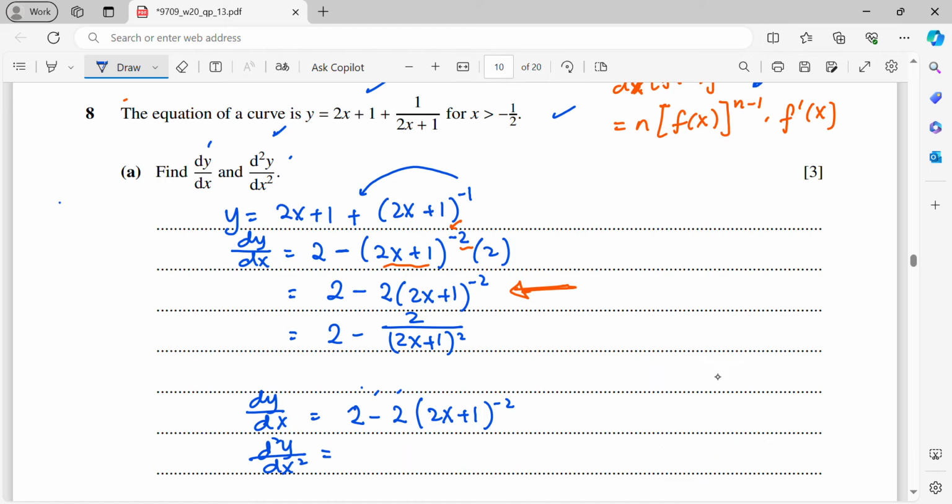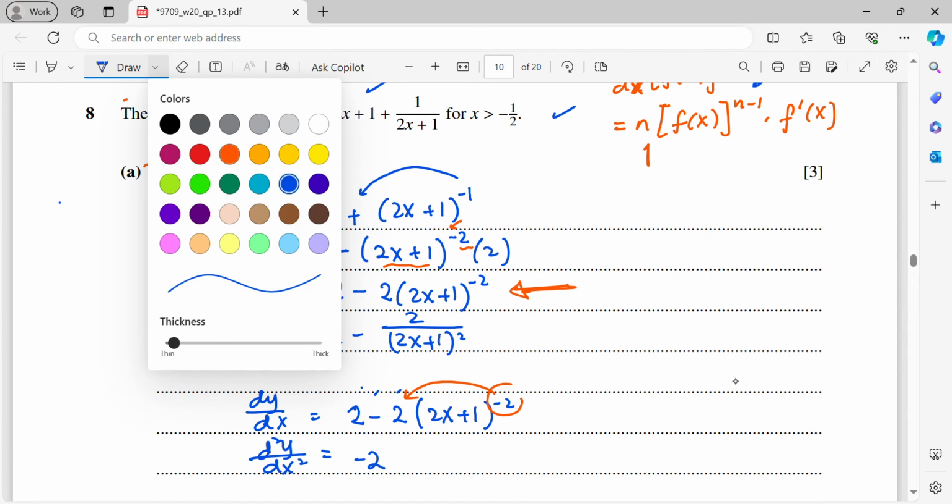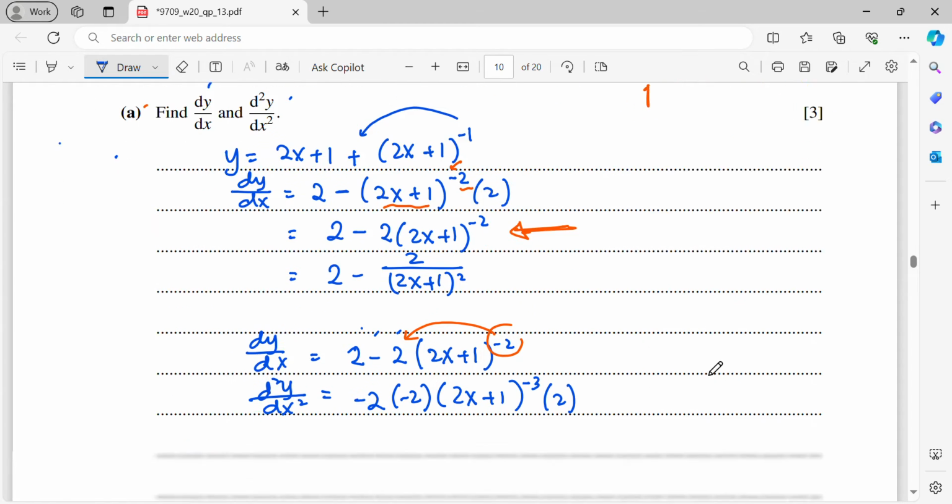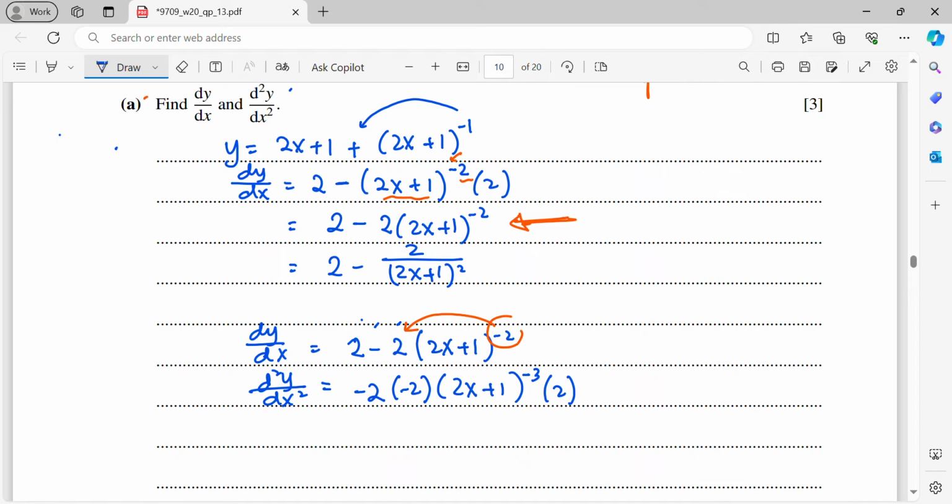Then rewrite this minus 2, and this power negative 2, this power will be moved down. Move down the n. Right, so now when I move down, I will get minus 2, rewrite the whole function, and now your degree, instead of minus 2, you minus another 1. So that means it's minus 3. And then the 2x plus 1 becomes 2, because you differentiate 2x is 2, differentiate 1 is 0.